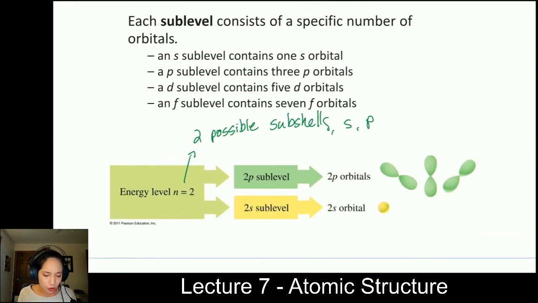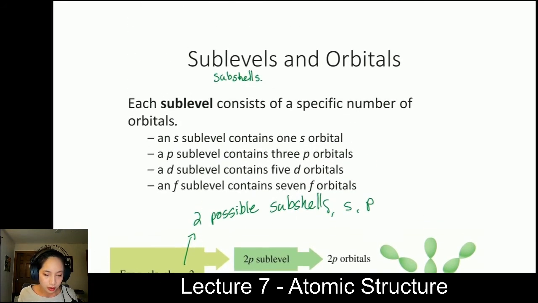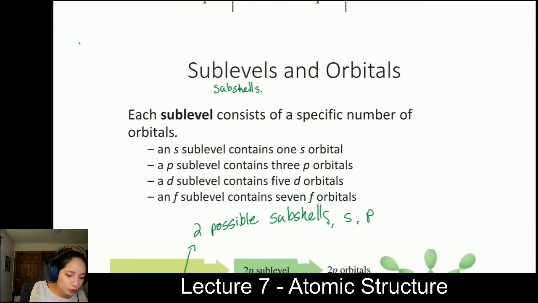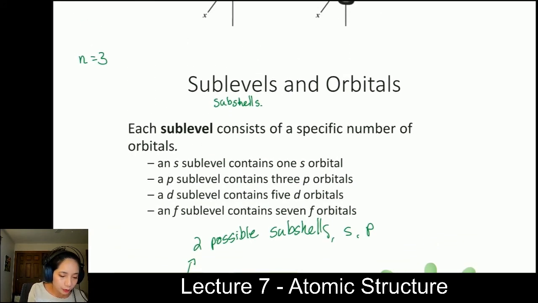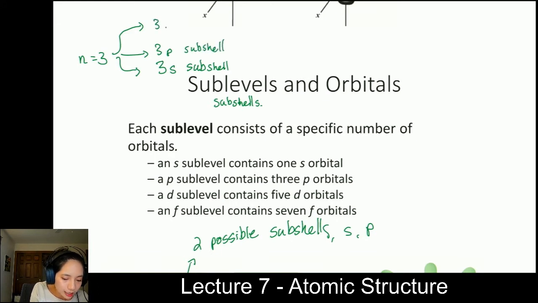So, I could do this for n equals 3. If I had n equals 3, our possible sublevels would be our 3s subshell, 3p subshell, and our 3d subshell, because now I have n equals 3, so now I have a possible d sublevel or subshell.